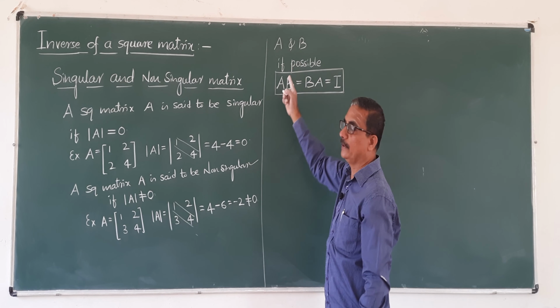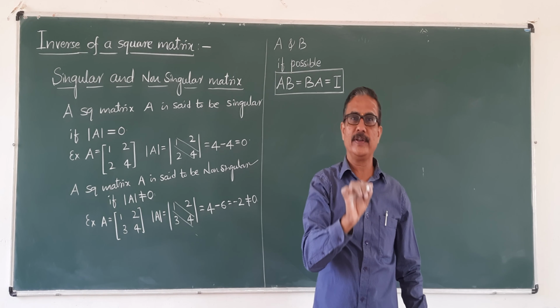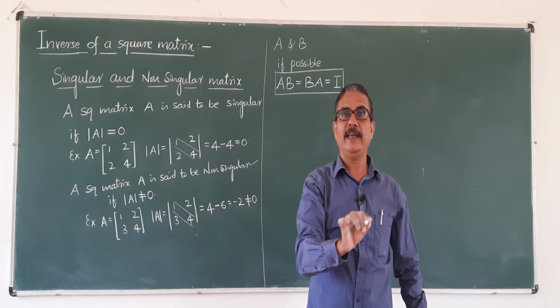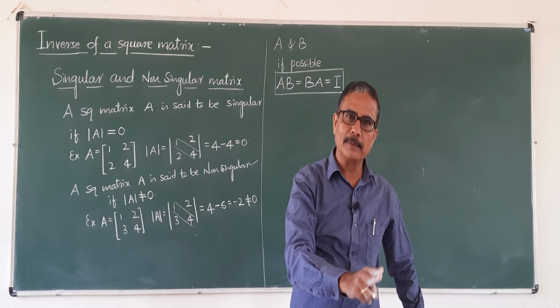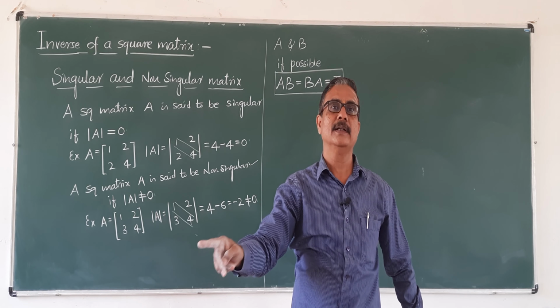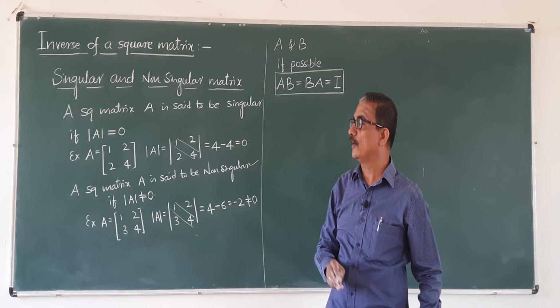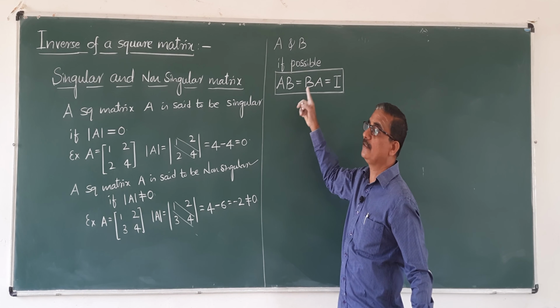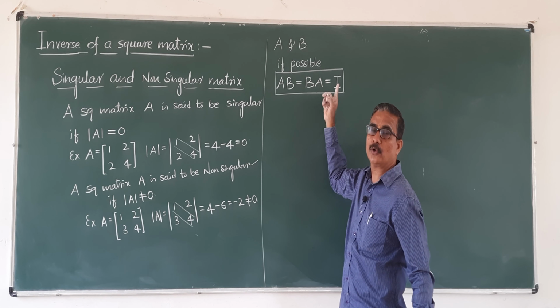So remember the definition, if A and B are any two non-singular square matrices having the same order, suppose if possible AB is equal to BA is equal to identity matrix I, if this condition is satisfied, then A and B are called inverses of each other.